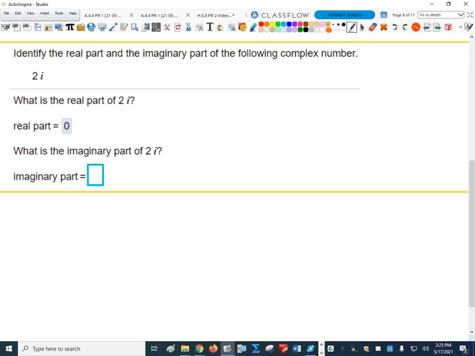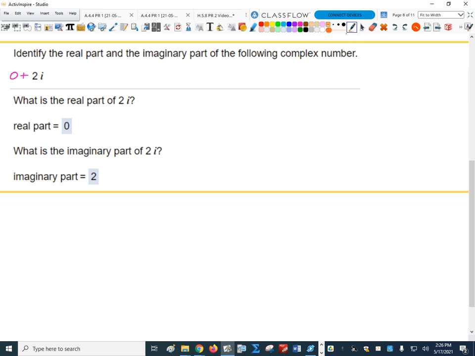Because if we write this in standard form as a plus bi, I'd have to put a 0 there, wouldn't I? Because nothing's showing up. And what's the imaginary part, by the way? 2. So that tells us that a pure imaginary number is simply a complex number with a 0 real part.